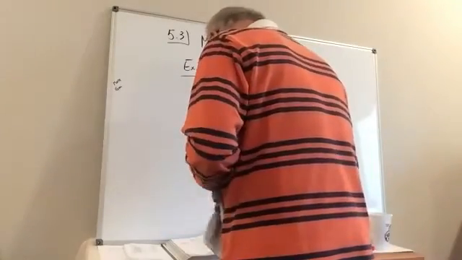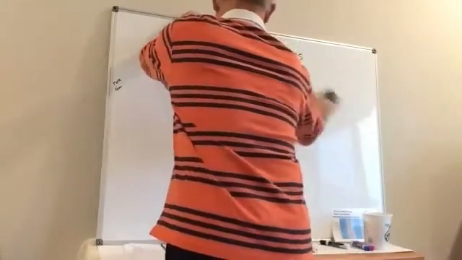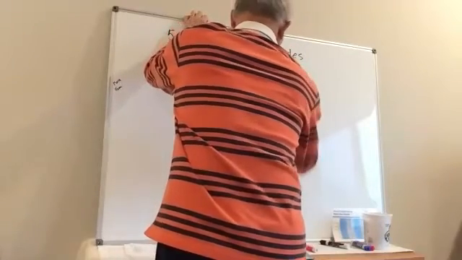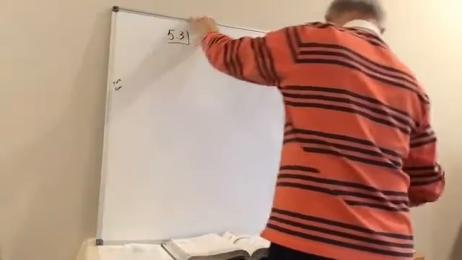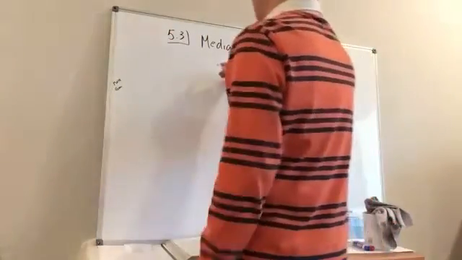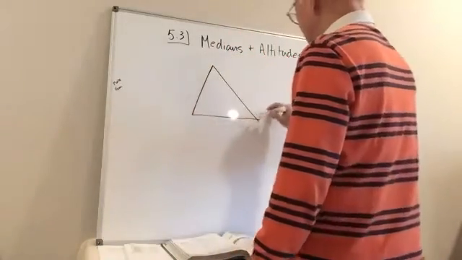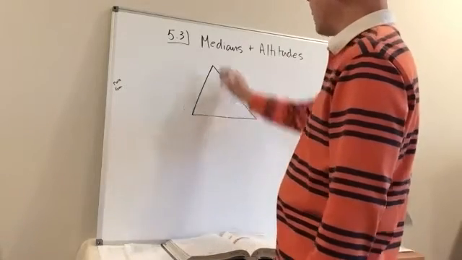Now we're going to talk about an altitude, right? We talked about the median. So now let's talk about the altitude. Altitude is similar to the median, except now we're not going to cut this in half and connect it here.